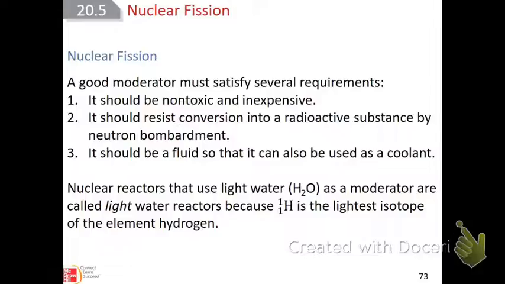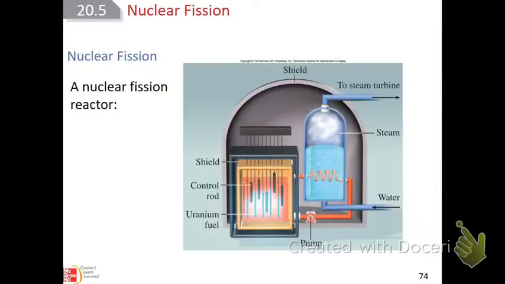Water is what's used to slow it down as a moderator to cool things and slow it. And because hydrogen is so light, what they use is deuterium instead, heavy water. Instead of using 1,1 hydrogen, they use 2,1 hydrogen, deuterium, in that heavy water.